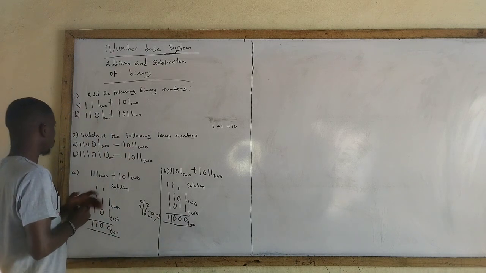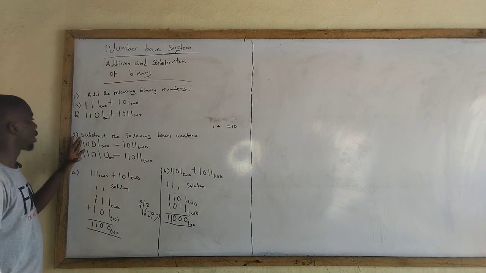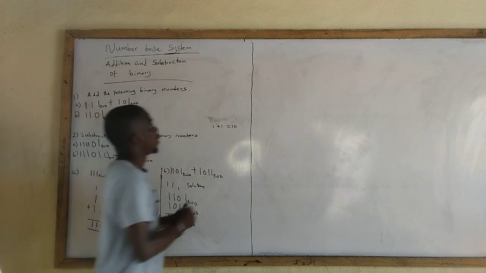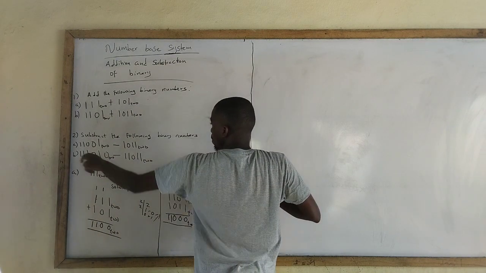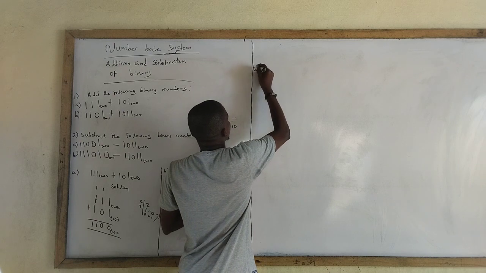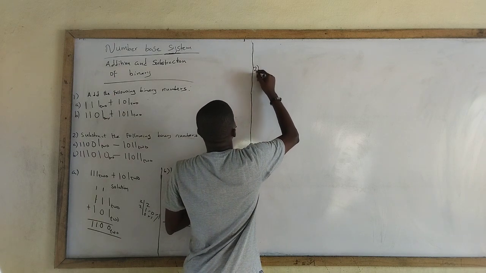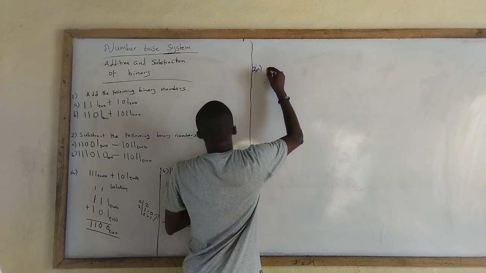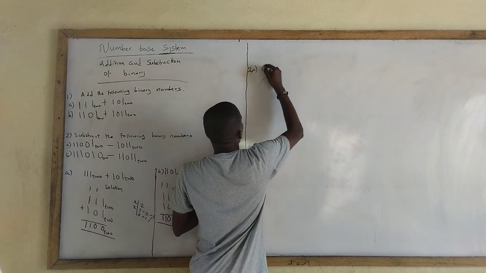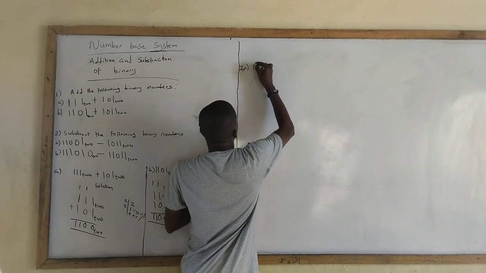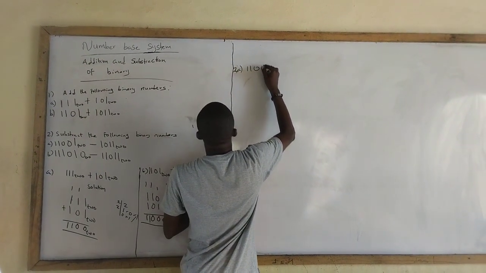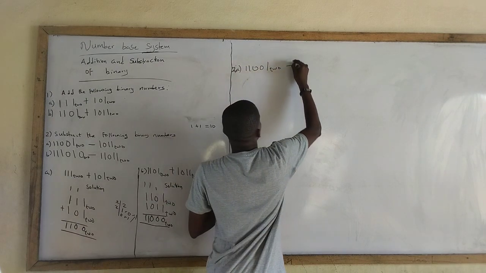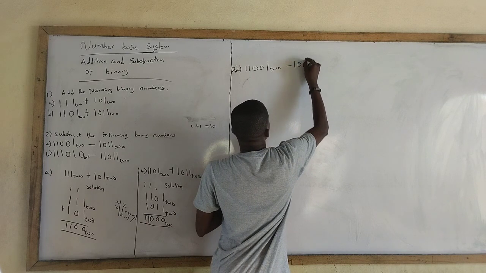Okay, so we'll go to the next question, how to subtract binary. Let's take the first question. 1 0 0 1 base 2 minus 1 0 1 1 base 2.